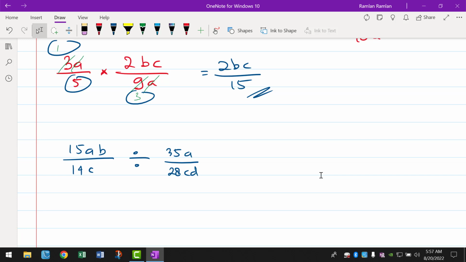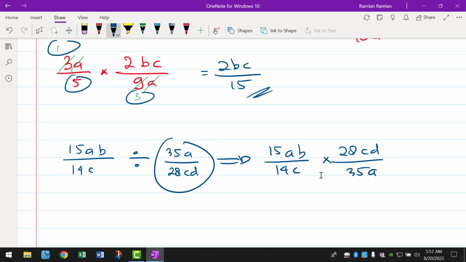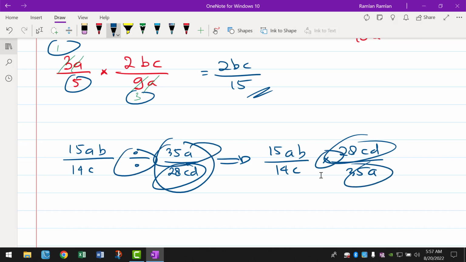When we have a fraction divided by another fraction, we can change the division sign into a multiplication sign, and then swap the numerator and denominator. So we can rewrite this question as 15ab over 14c multiplied by 28cd over 35a. Can you see that I'm just swapping this one so that this goes up and this goes down, and changing the division sign into a multiplication sign?